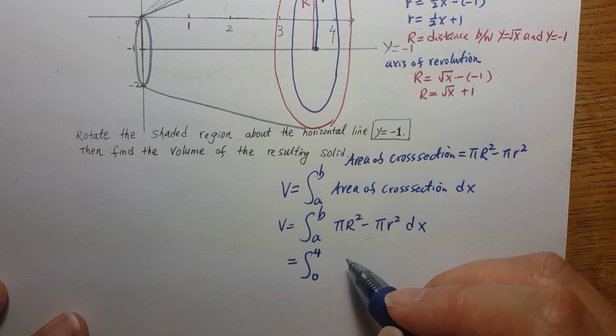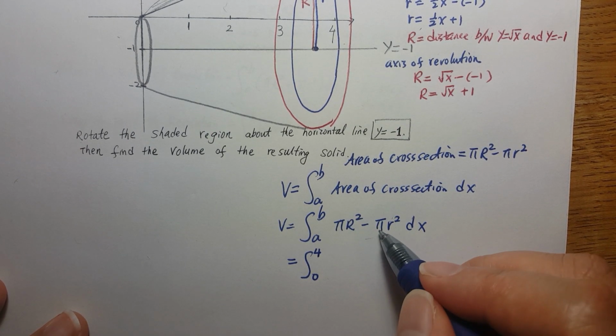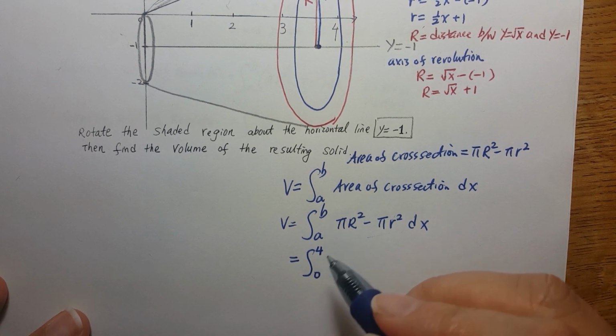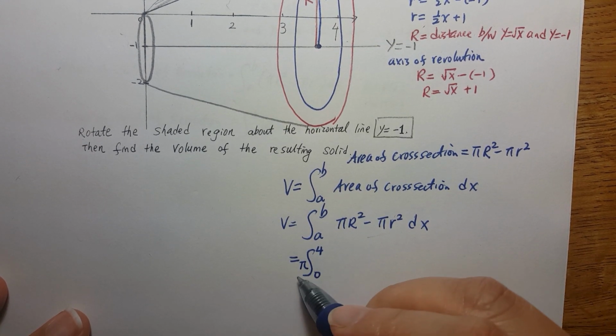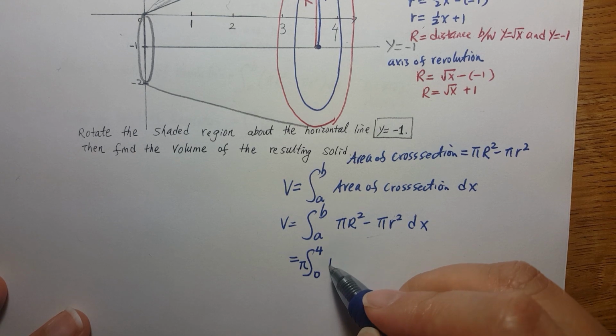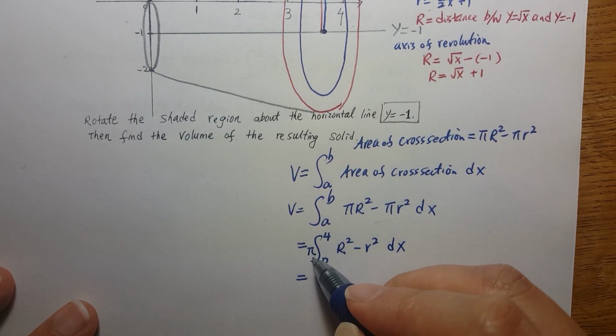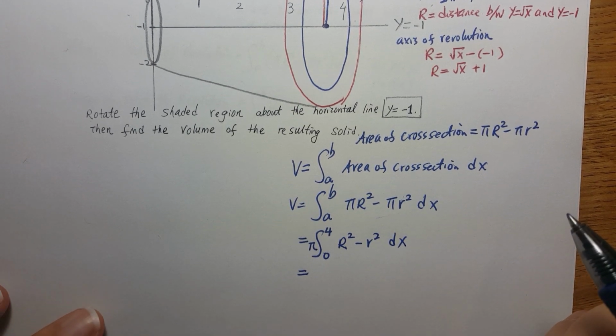Okay, so we get pi R squared minus pi small r squared. So you are going to factor the pi, make it easier. So we're going to put the pi outside. So we get big R squared minus small r squared dx. I do this to make it easier to calculate.